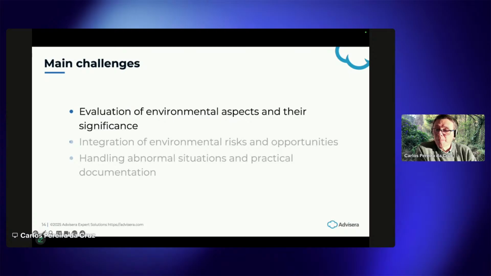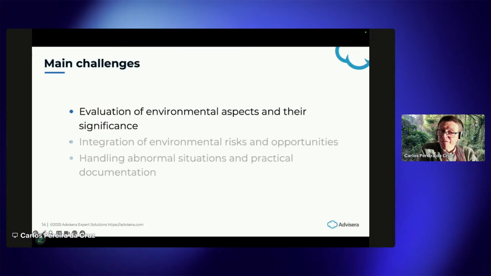Main challenges. So based on the questions received by email before this webinar, these are the main challenges for those working with environmental aspects management. Okay, so the evaluation of environmental aspects and their significance. So methods for evaluating environmental aspects without a probability matrix. It's a minus.